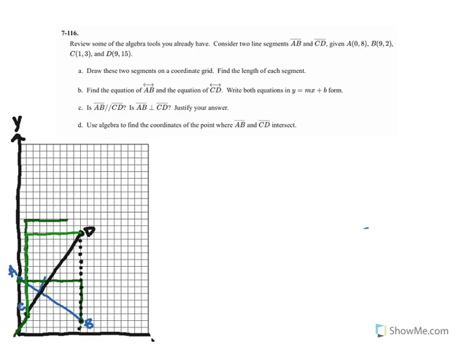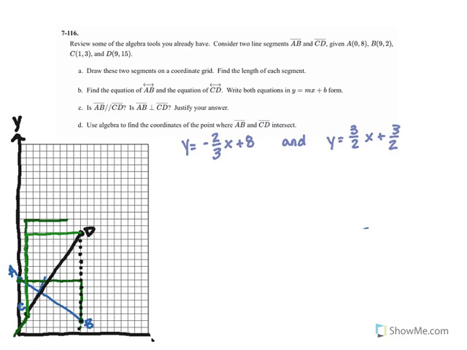Okay, now the last part says use algebra to find the coordinates of the point where C and D intersect. I'm going to rewrite down our equations that we had because we're going to have to use that. So we have y equals negative 2/3 x plus 8 and y equals 3/2 x plus 3/2.